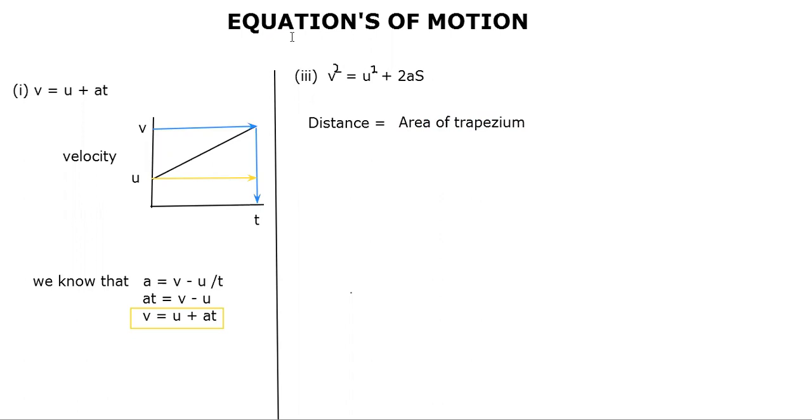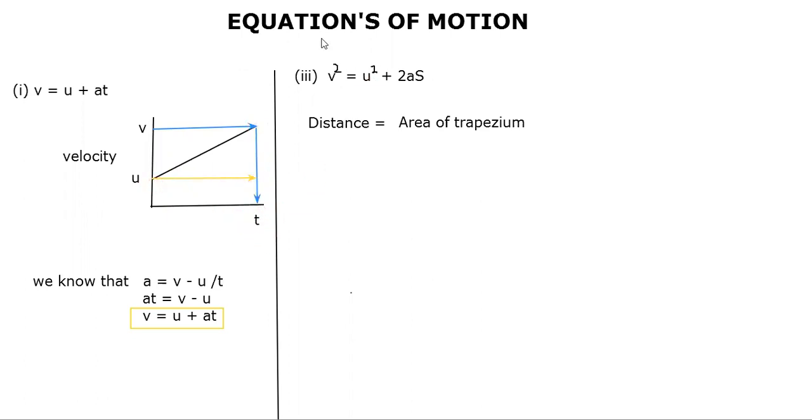If you see the parallel sides of this trapezium, this is one parallel side, this is the other parallel side, and this yellow line is the height. So half sum of parallel sides. One parallel side is u, another is v, and height is equal to t.